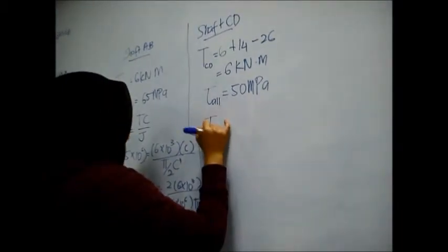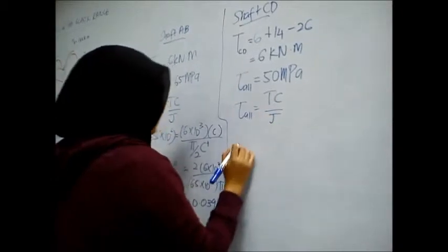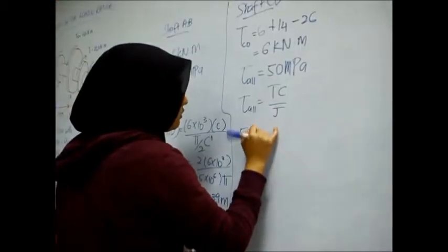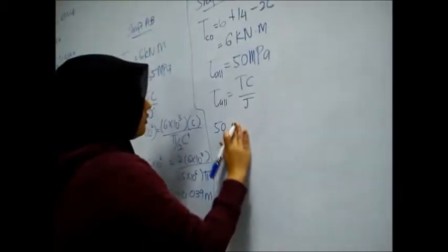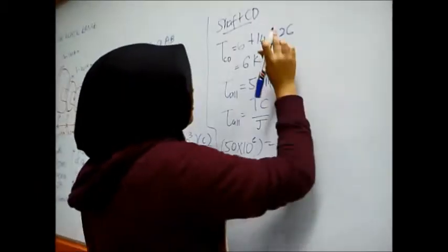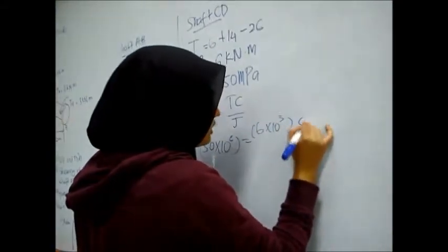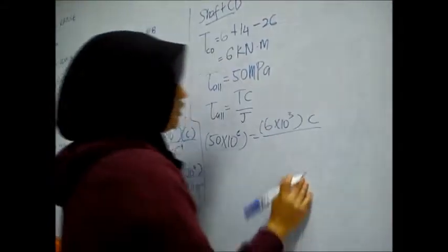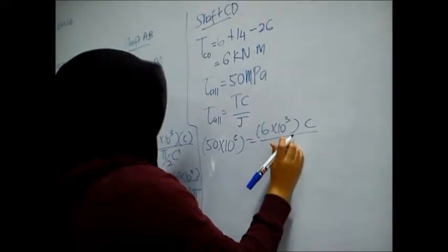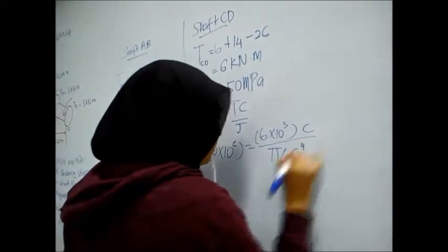We will calculate Tc over J, and here 50 times 10 to the 6 equals the torque over here 6 times c, and we don't know the value of c, so J is pi over 2 times c^4.